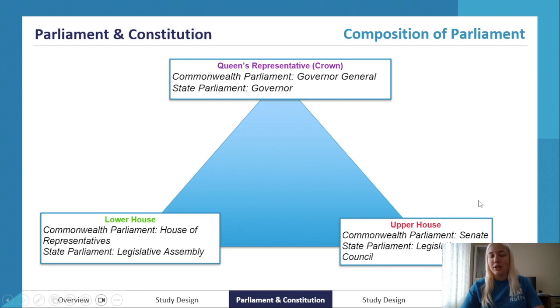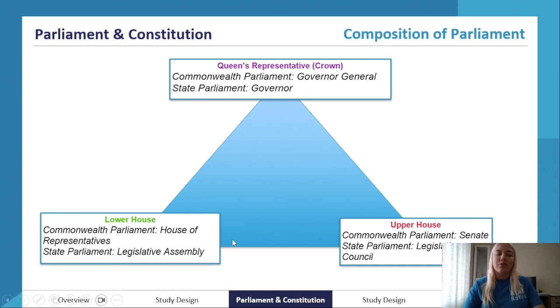So if the bill is genuinely not great for the public and it's only in that party's interests, but doesn't represent the views of other people, such as minority groups, it likely will not get approved and will not become law. So that offers us a protection.